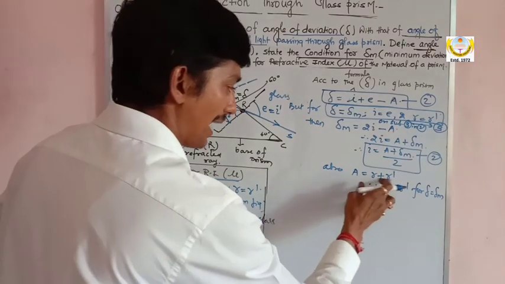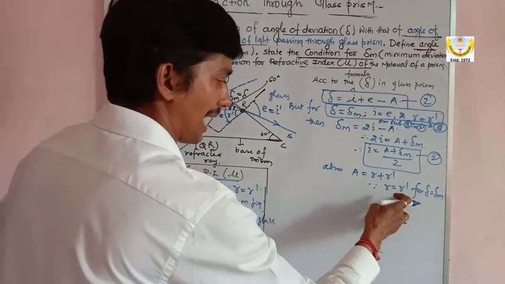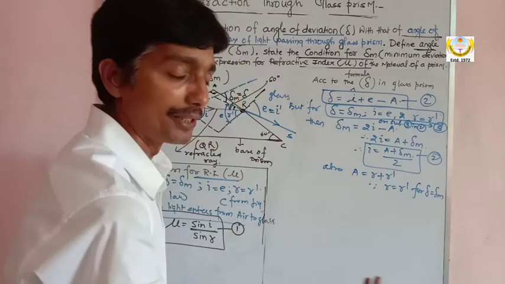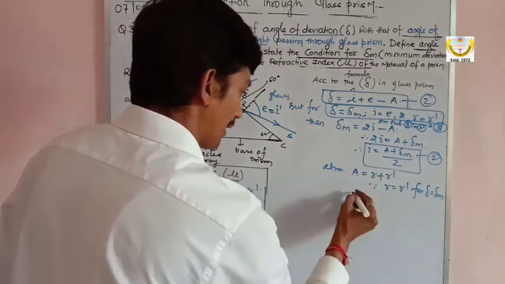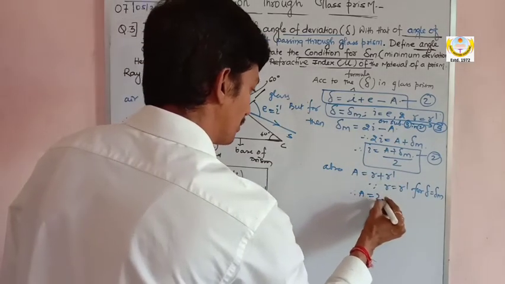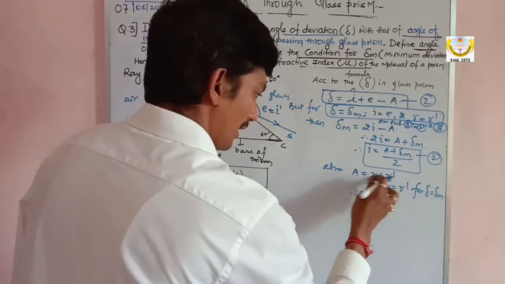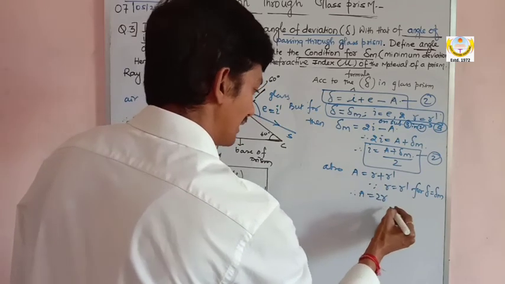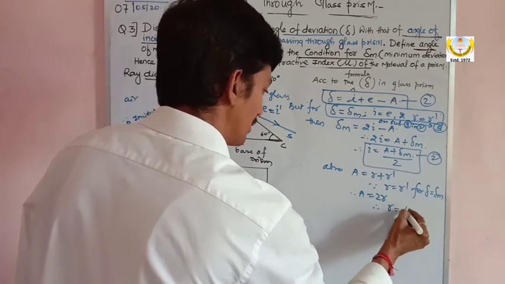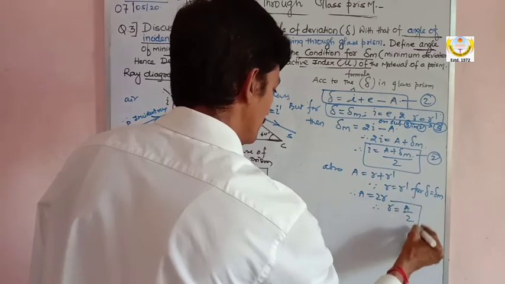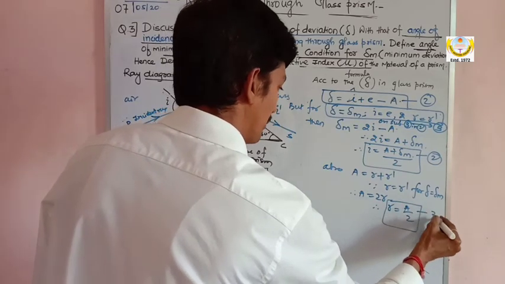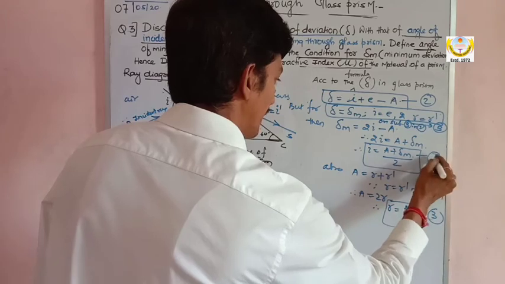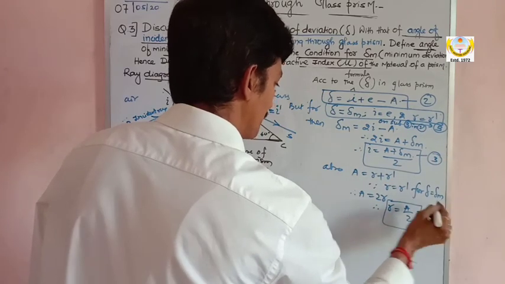So A is equal to R plus R dash. R is equal to R dash for delta equal to delta M, and therefore A is equal to 2R, hence R is equal to A by 2. This is my equation number 4.